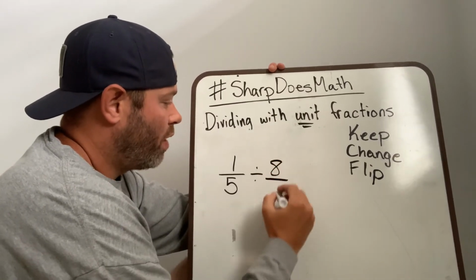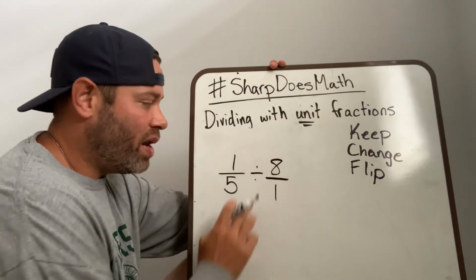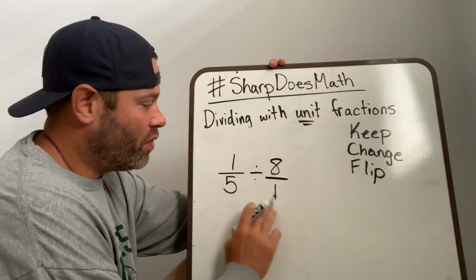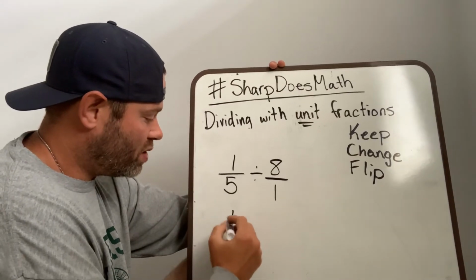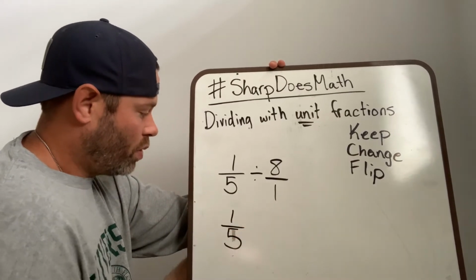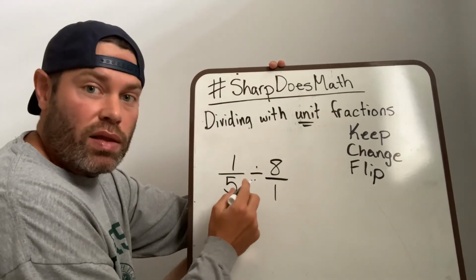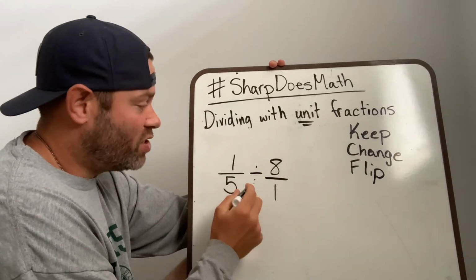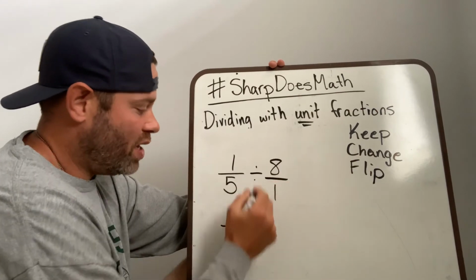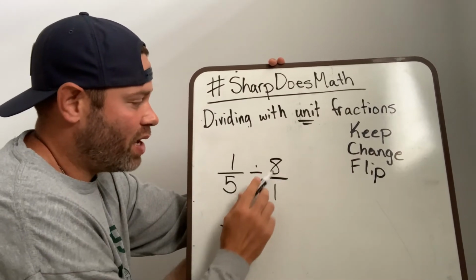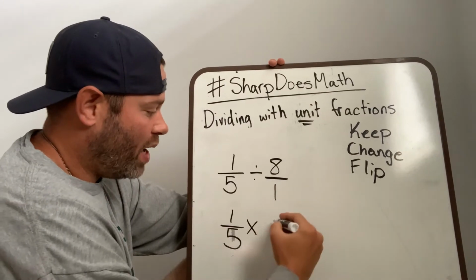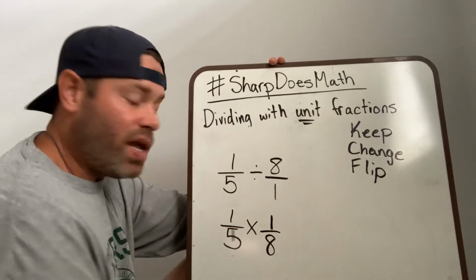So we have 1/5 divided by 8 over 1. Keep. This will stay the same, 1/5. The division symbol is going to change. That's going to be step 2. So change that to multiplication. And then last step is flip. So we're going to take 8 over 1, and we're going to flip that so it's 1 over 8.